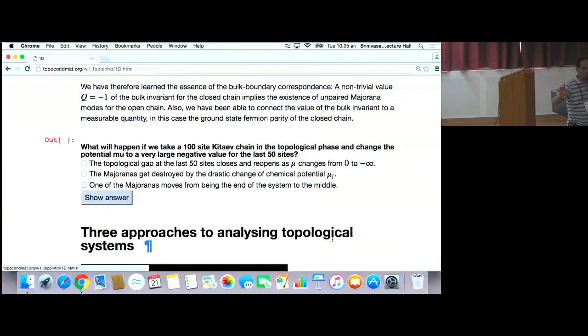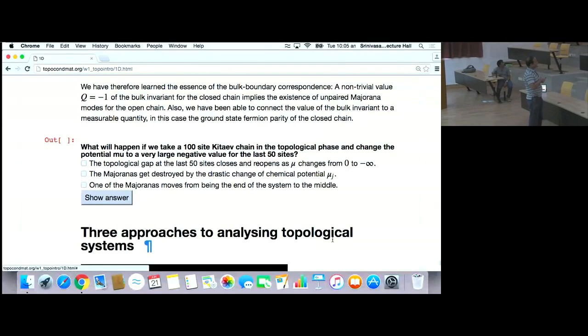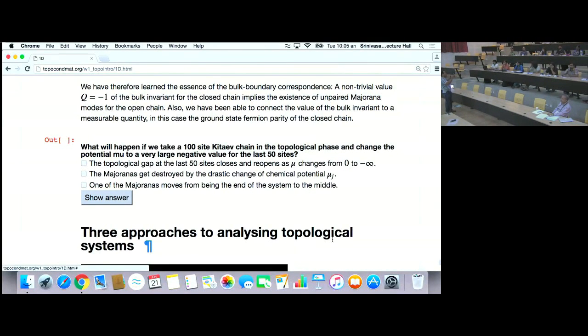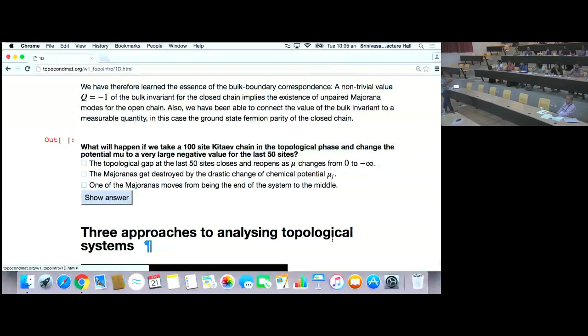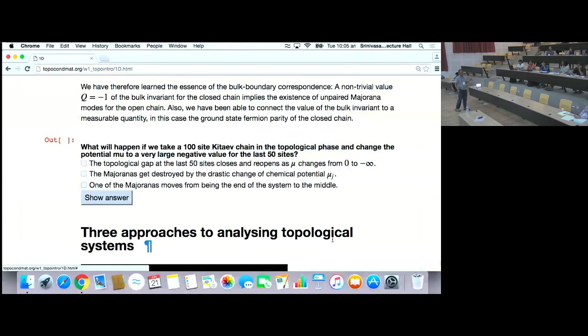So far what we have learned is you can get bulk topological invariants for the Majoranas, and you can just calculate by going to k-space, take the block Hamiltonian, which now becomes a zero-dimensional Hamiltonian, and calculate the topological invariant.